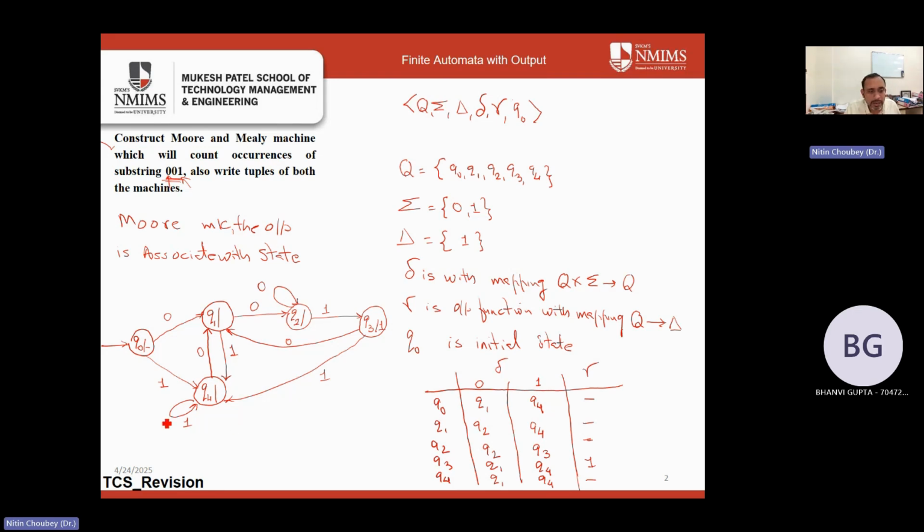In that case, the construction can be represented like this: 0, 0, 0, and 1, where the initial state will not have any output.